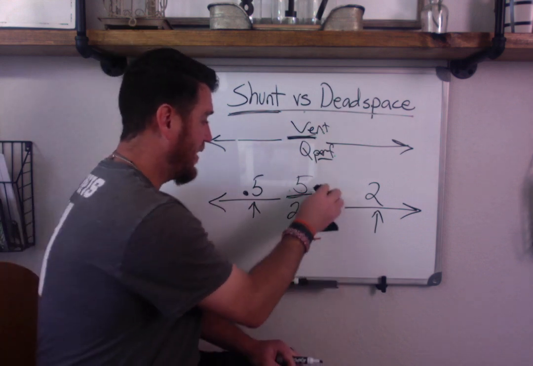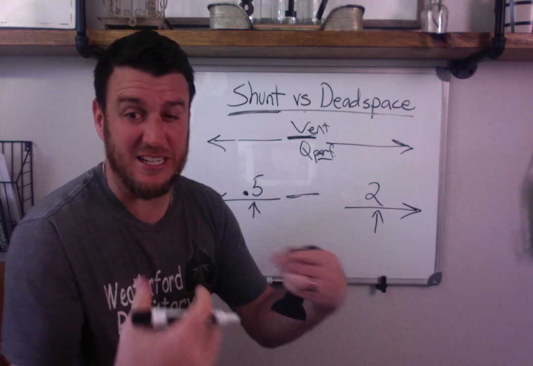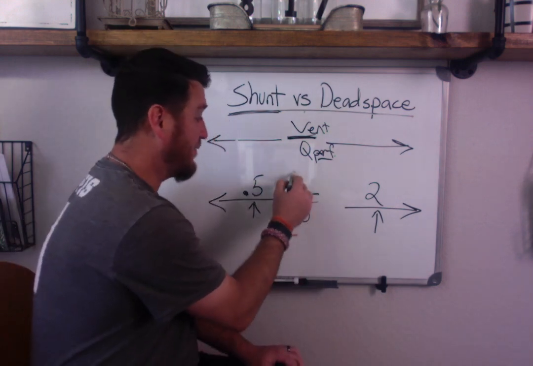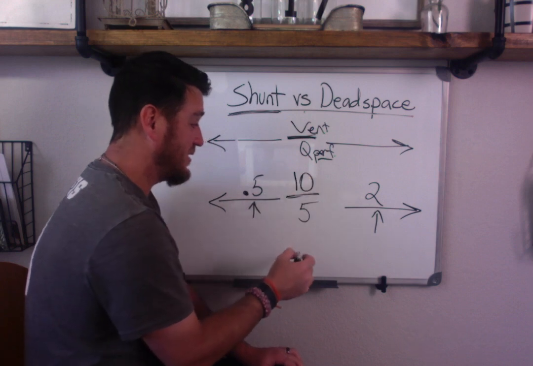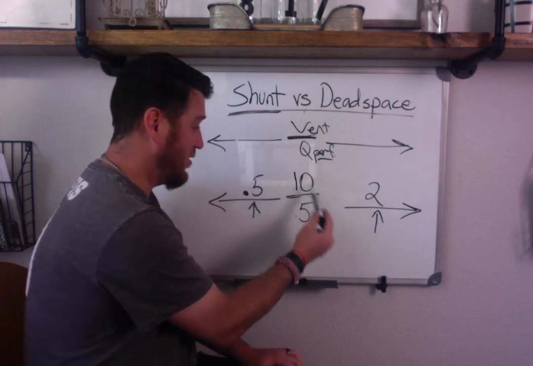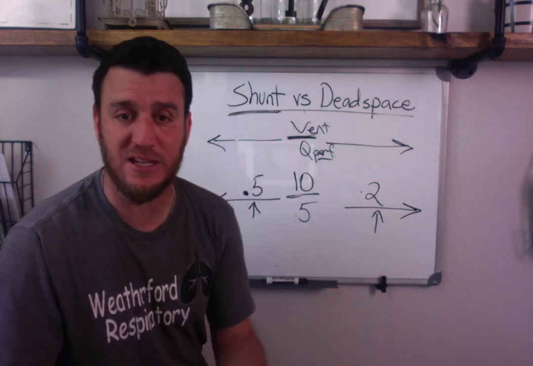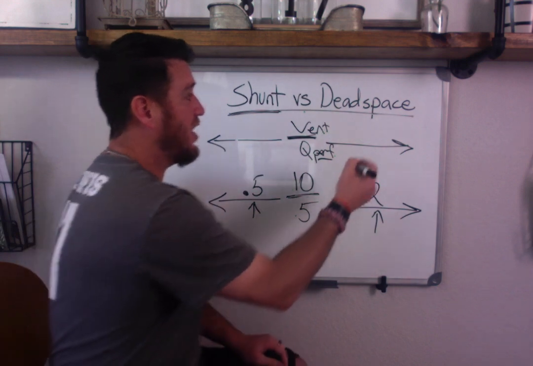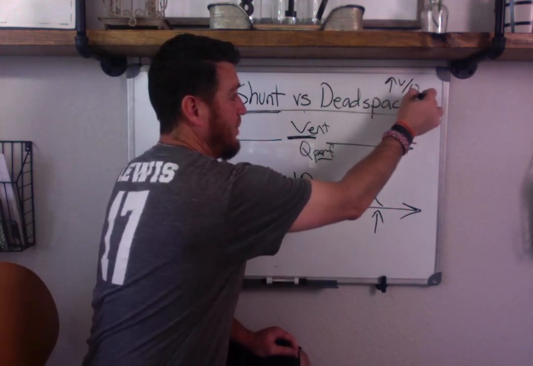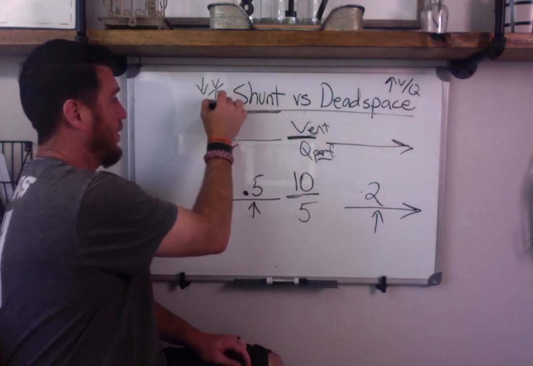Now, I told you COPD, right? Well, COPD doesn't cause a disruption in blood flow, so blood flow stays the same, but ventilation increases. 10/5, do the math, equals 2. You still get an increase in your VQ ratio. So what we know here is that dead space causes an increase in VQ. Shunt causes a decrease in VQ.